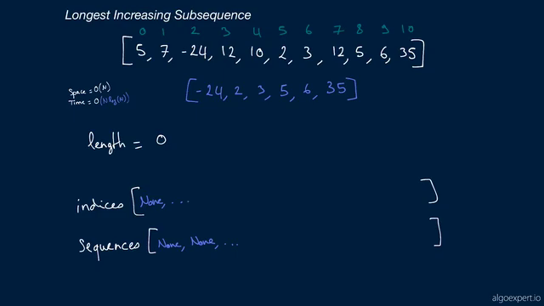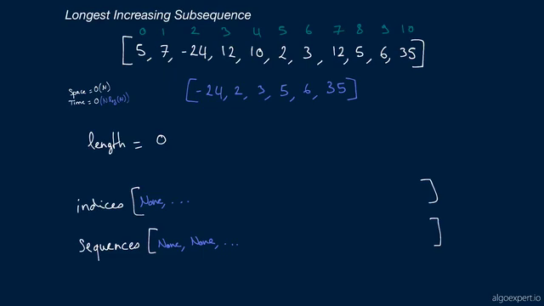Okay? And so we start iterating through our array. Start at the number 5. 5 is the first number, so we say, okay, we can build a longest increasing subsequence of length 1 that ends in the number 5, right?